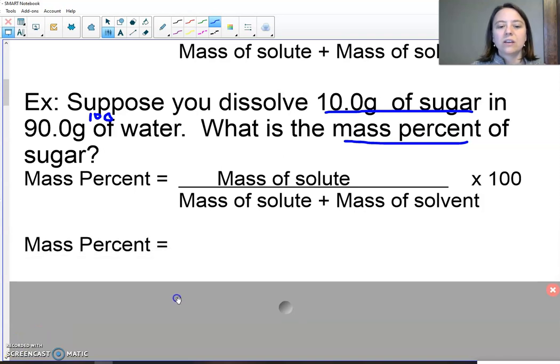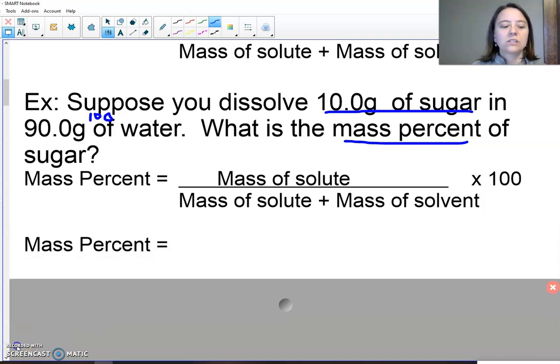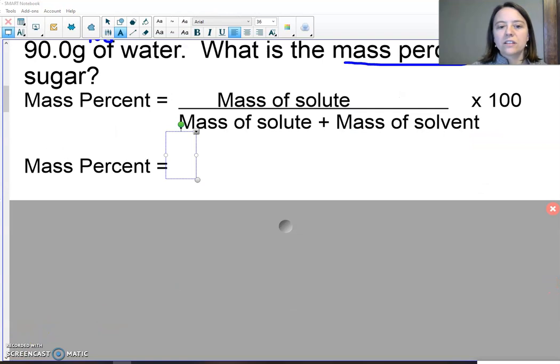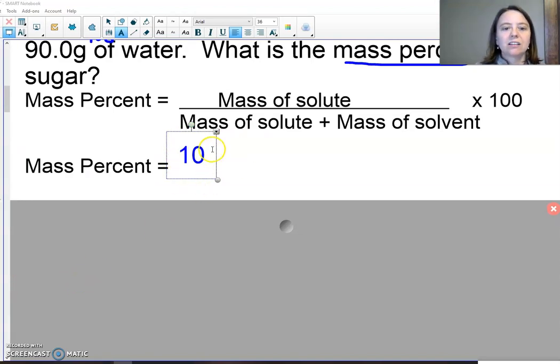So let's sub in our numbers. So we have 10 grams of sugar over 100 grams of solution, because that's our solute, 10 grams plus our 90 grams of water, which is our solvent.